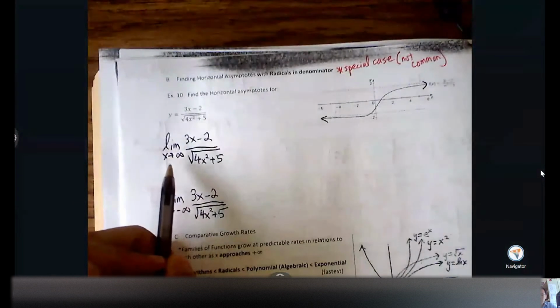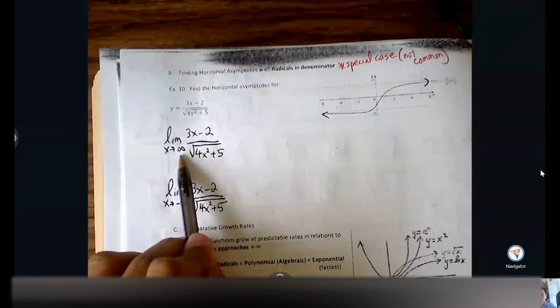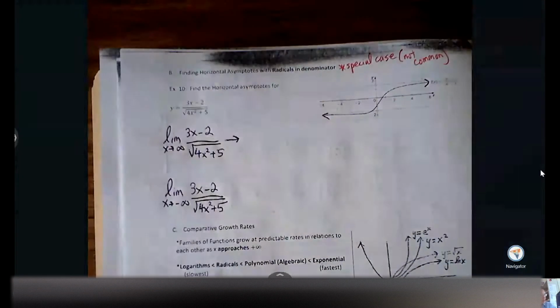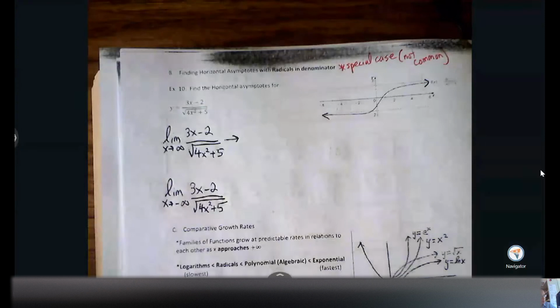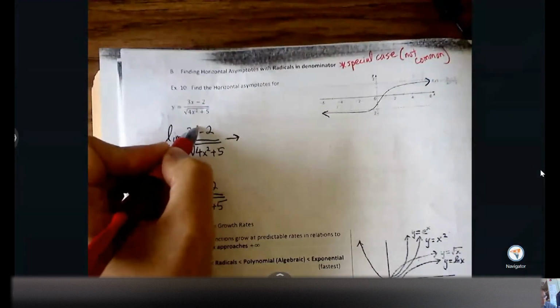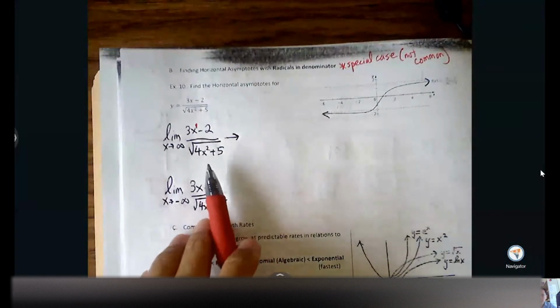Okay, so let's think about the procedure that we took on the first page. For infinity, we know that we don't plug in numbers, we compare degrees. So tell me, what is the degree of the numerator that you see? 1. Okay, I'll put a 1 here. Now look at the denominator. What is the degree of the denominator?